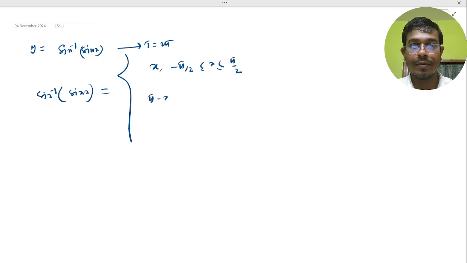Another one is pi minus x, where pi by 2 less than or equal to x less than or equal to 3 pi by 2. So basically, it is defined for an interval of length 2 pi.